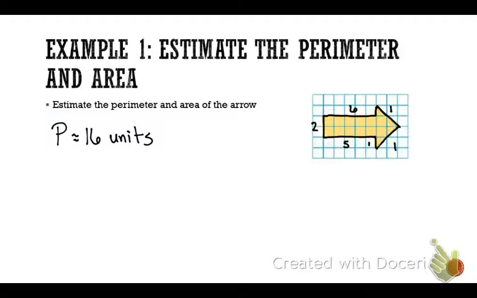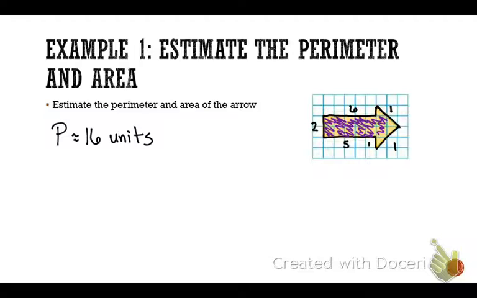Now let's talk area. Okay, so when I'm looking at area, I'm looking at how many units are filling the object. So I'm simply going to count them. I have 2, 4, 6, 8, 10, 12 whole blocks in there. But then I have these halves again.